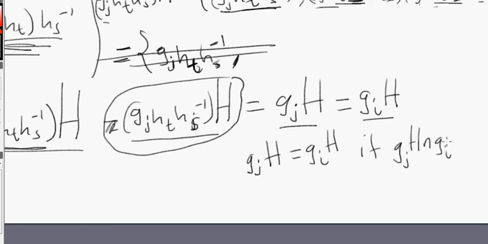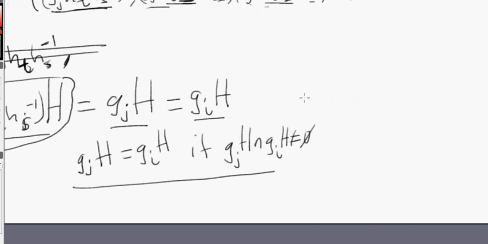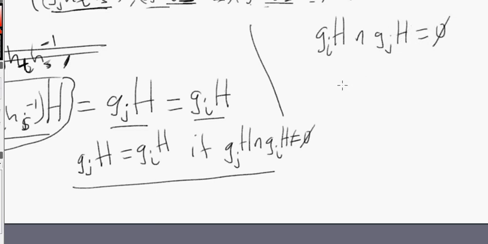And how can we use the idea that GIH intersect GJH is non-empty? Okay, let's back up. If GIH intersect GJH is not empty, that implies that GIH equals the coset GJH. How can we use this idea to modify our cosets?